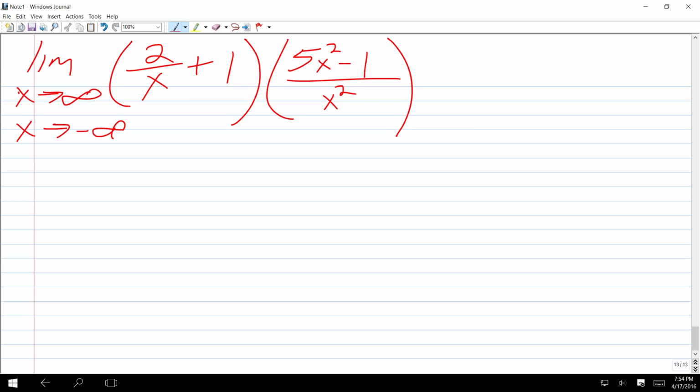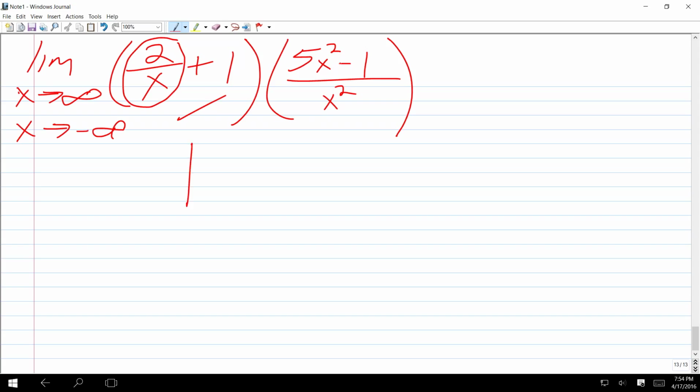Okay. As x approaches infinity, what does the left side approach? Would that be 0? Well, this part would be 0, plus 1, so 1. Exactly.